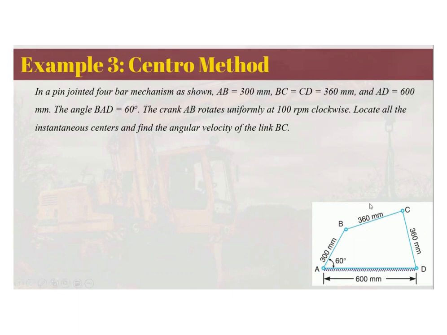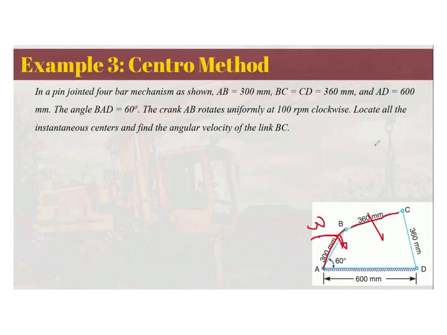We're looking for the angular velocity of link BC, given that AB rotates clockwise at 100 RPM. So from the concept, we are given AB and omega, and we are looking for this floating link here.